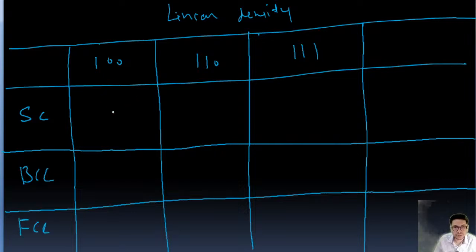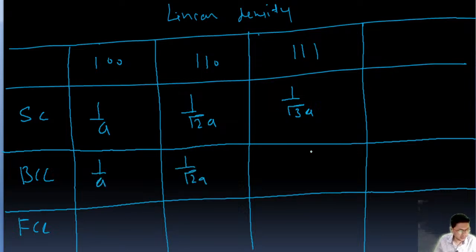So the chart is important. This chart you need to note down. This is 1 upon a, this is 1 upon root 2a, this is 1 upon root 3a. And this is 1 upon a, 1 upon root 2a, and this is 1 upon a, 1 upon root 2a, for FCC and for these planes.